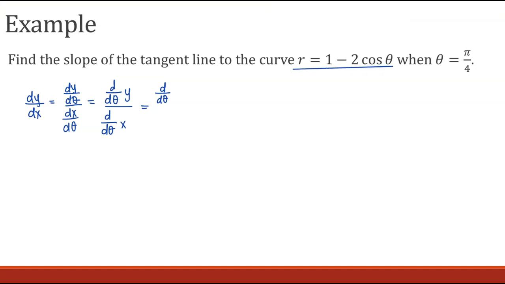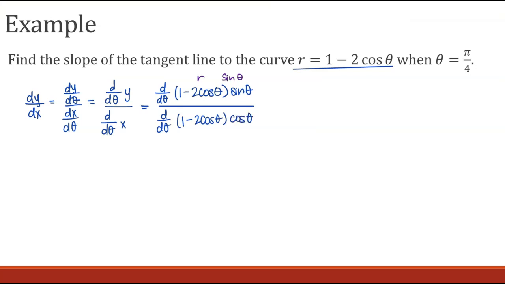We're taking the derivative of 1 minus 2 cosine theta times sine theta. This is r sine theta. And then the denominator is d theta of 1 minus 2 cosine theta again, times cosine theta. So there's my r cosine theta.